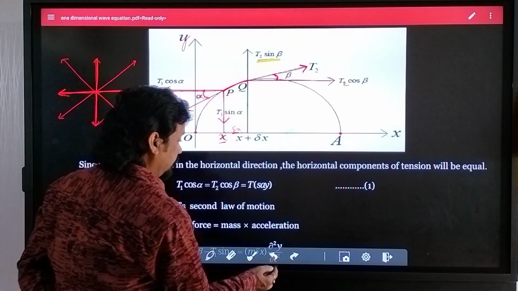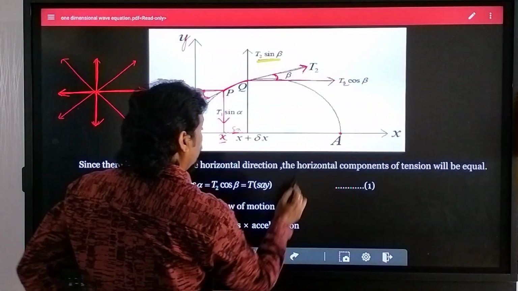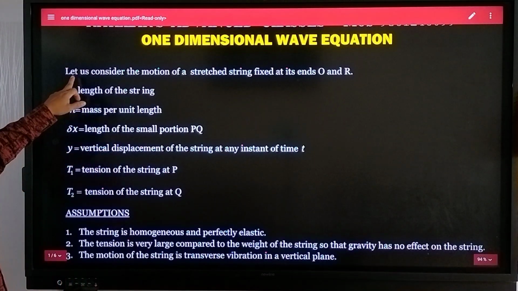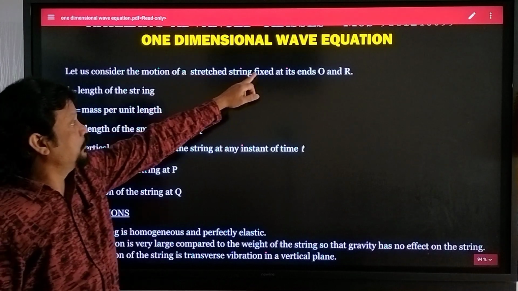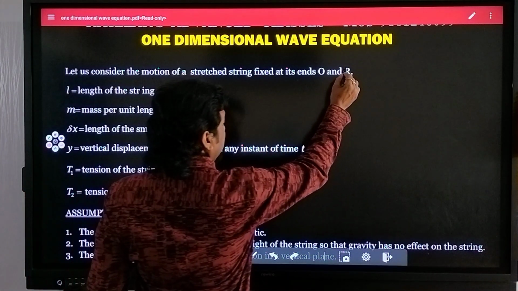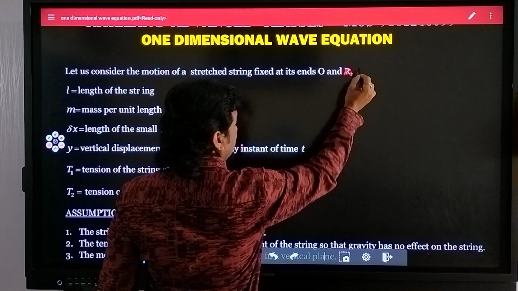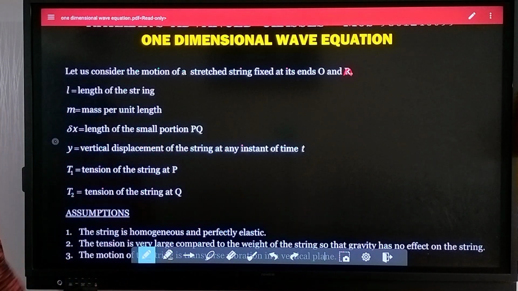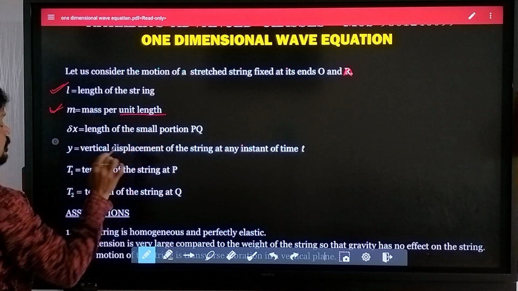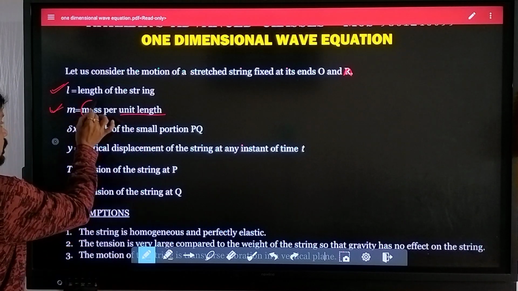So let us consider the motion of a stretched string fixed at its ends O and A. Clear? And l is the length of the string. m is the mass per unit length, not only mass.